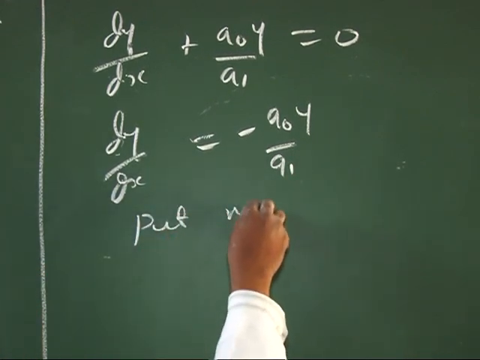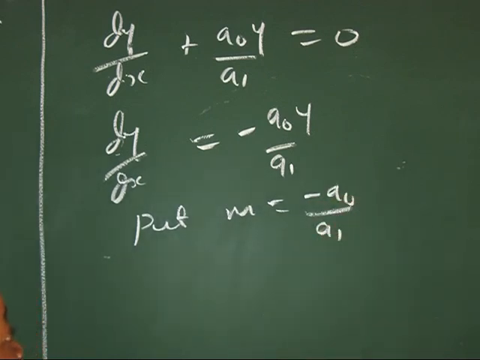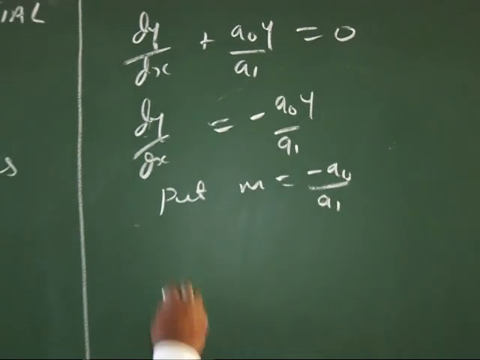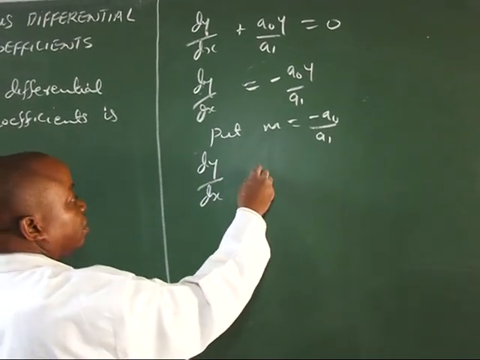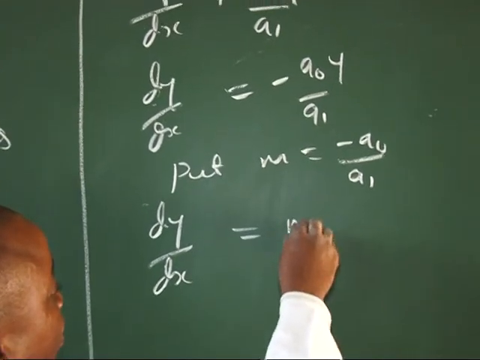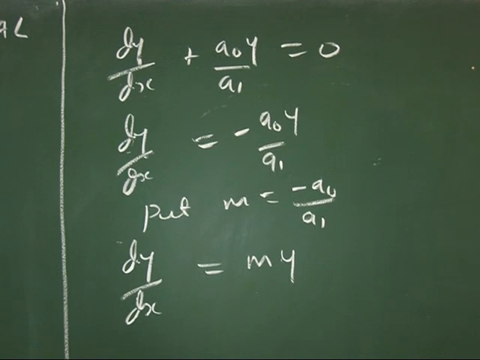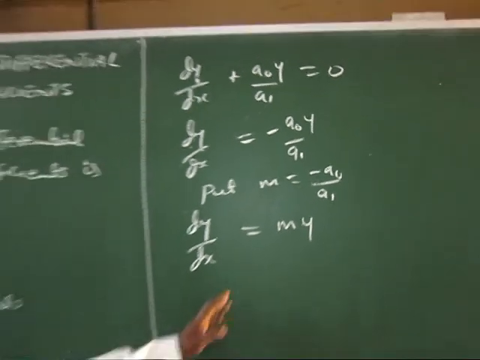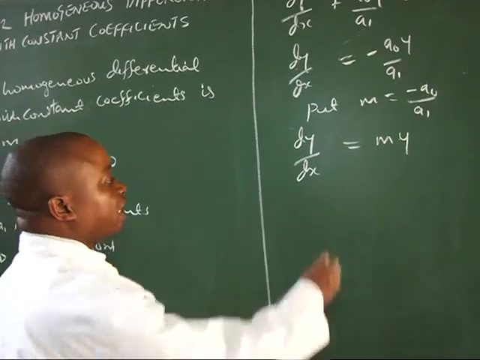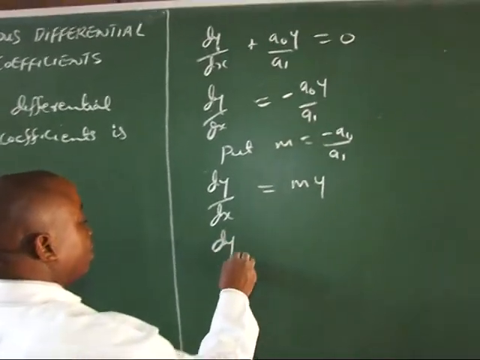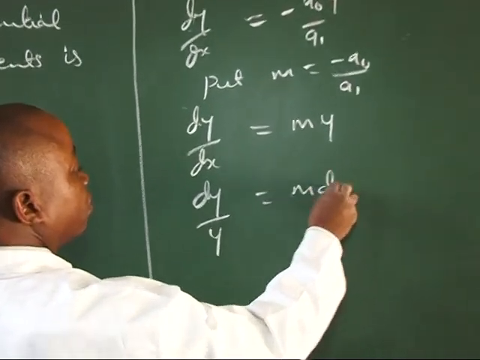Now, if I put m is equal to minus a subscript 0 over a subscript 1, then what I will have is that dy dx will be equal to my. And then by separation of variables, we can write this as dy over y is equal to m dx.